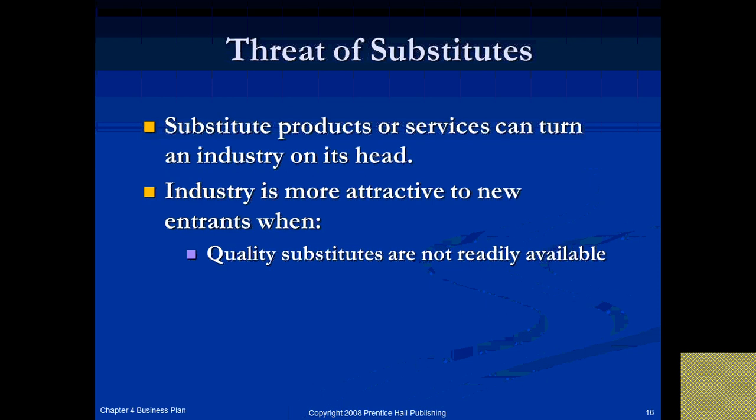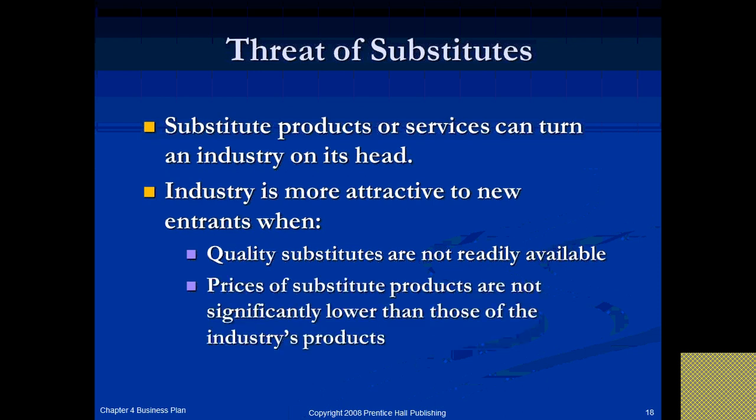When we are buying from our supplier, we may want to have substitutes, especially if it is an ingredient or a component that we need to build our product. But as the entrepreneur selling the final product on the market, you want to ensure that there is no quality substitute readily available, so the customer will want to buy your product.